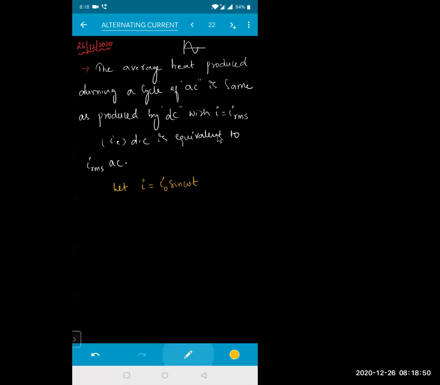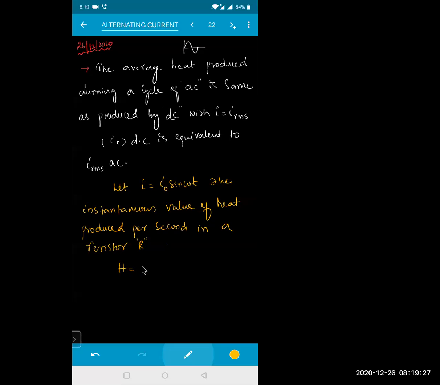So the instantaneous value of the heat produced per second in a resistor, capital R, will be equal to how much?